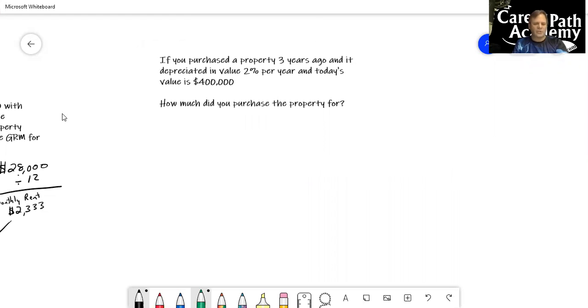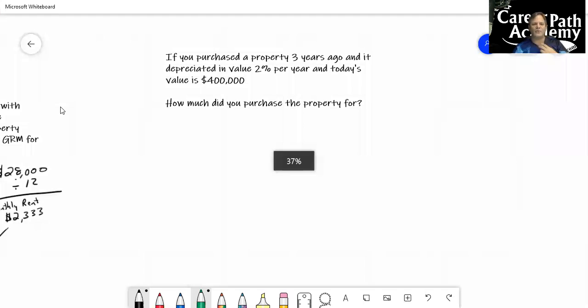Let me show you how that works. Whenever trying to determine value, we're trying to determine 100% of it, so we always start off with 100%. It depreciated in value 2% per year, over 3 years. So times 3 years, that's 6%.